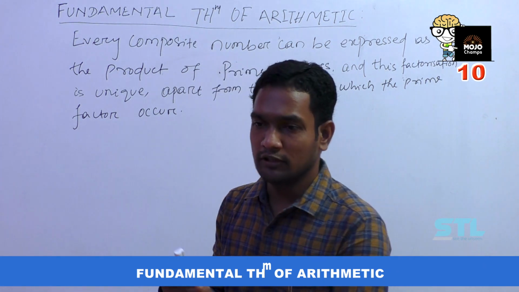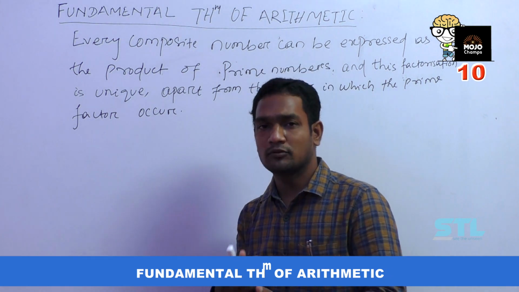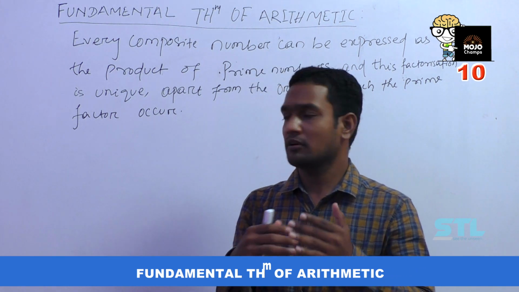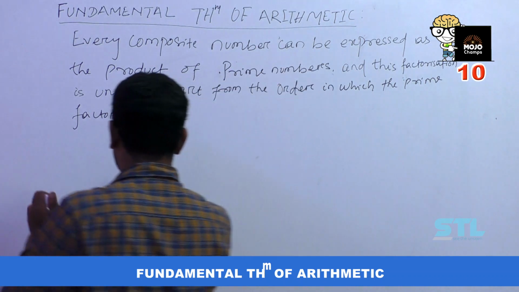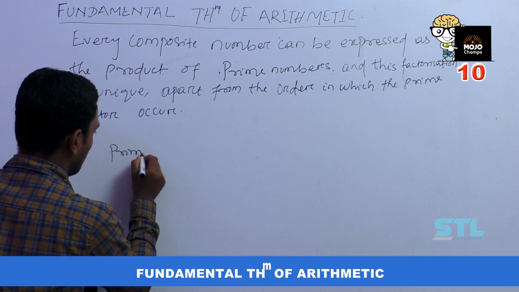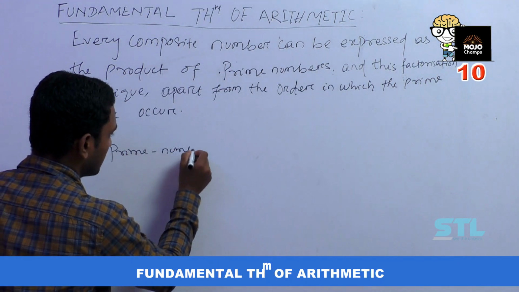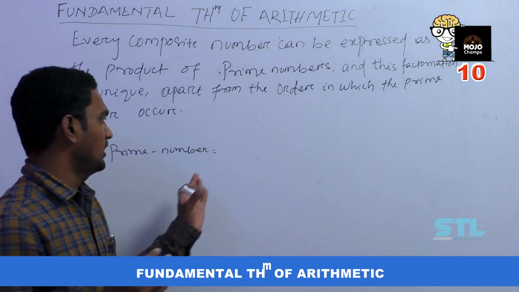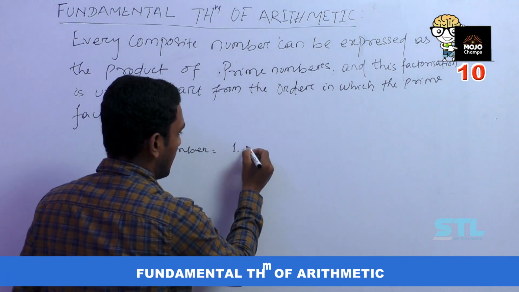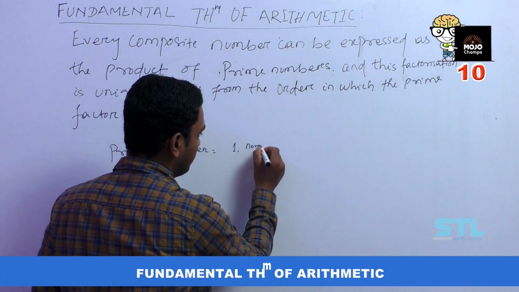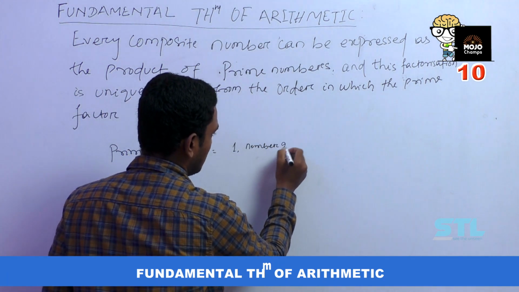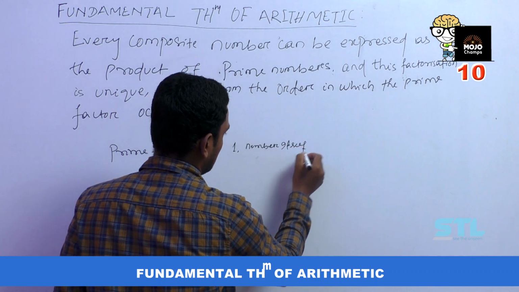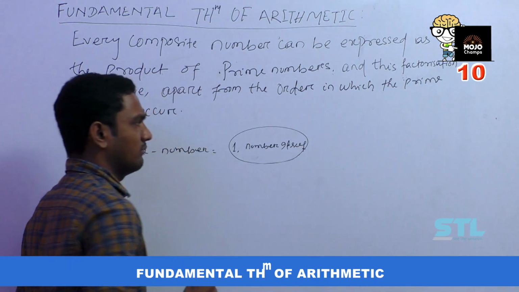Before going to that, I would like to tell you what a prime number is and what a composite number is. It's a very basic thing. A prime number has only two factors: one and the number itself.